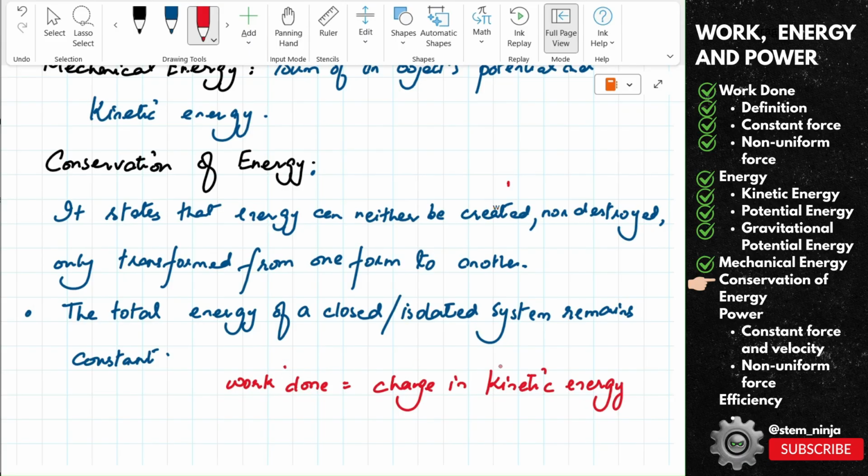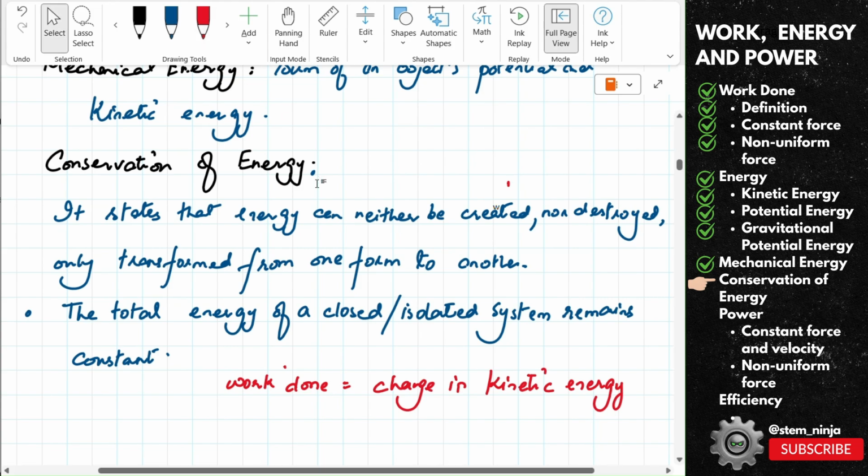So there is no creation of energy over here, just transformation from one form to another. So work done causes a change in kinetic energy, or change in any kind of energy could cause another form of transformation also. However, this is for all the total energy, like the sum of all the kinetic, potential, heat, chemical, everything.